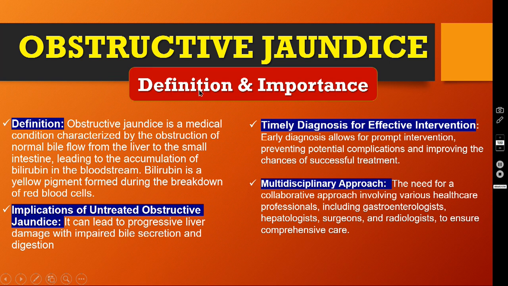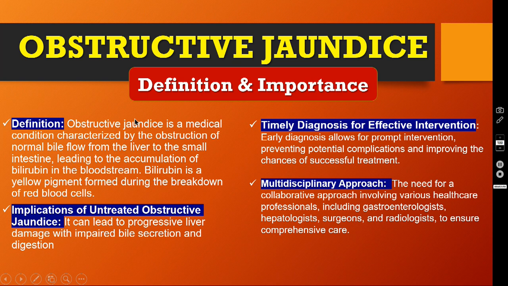So, what is the definition? Obstructive jaundice is a medical condition characterized by obstruction of normal bile flow from the liver to the small intestine, leading to the accumulation of bilirubin in the bloodstream.